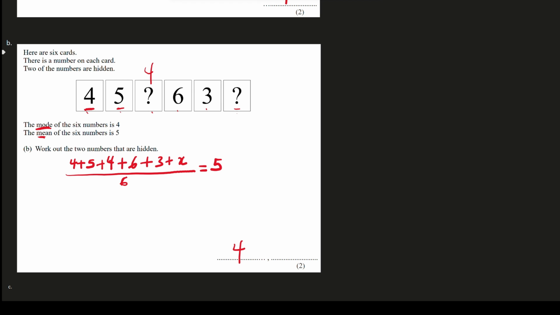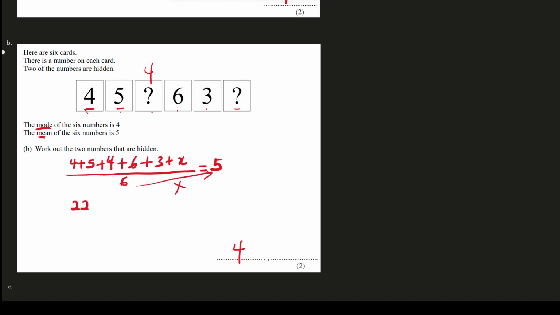Now, to find a value for x, which is the last number, what you have to do is find the inverse. So we're going to work in reverse. If you notice, I am dividing here, so you multiply. You multiply your 6 by your 5, and then you add all the top numbers. Upon adding the top numbers, that gives me 22.